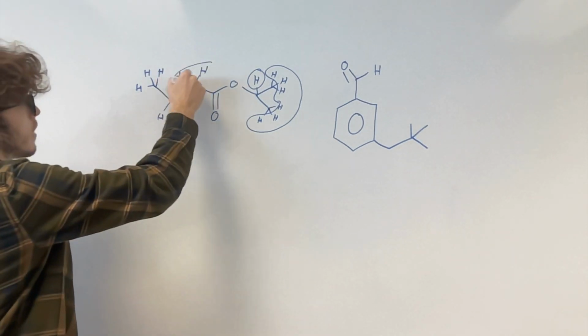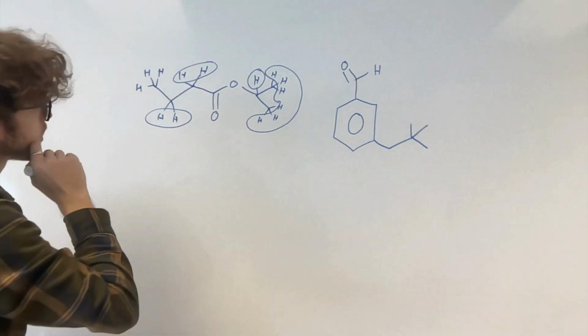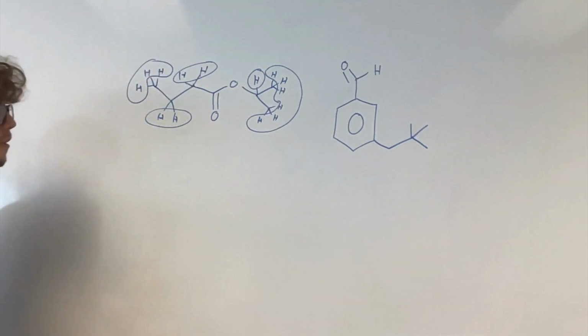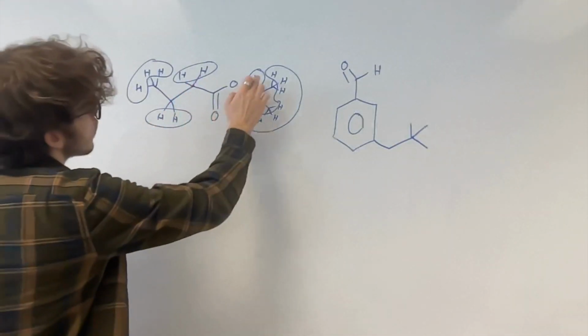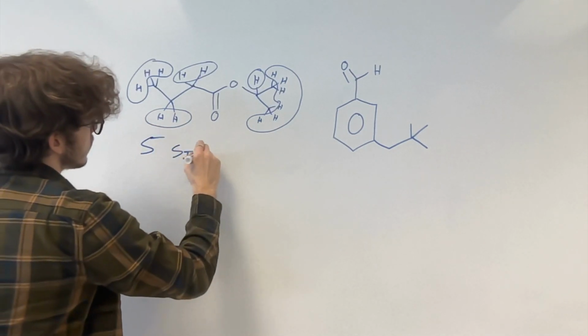We have a pair here that's equivalent, pair that's equivalent, and we have these 3 that are equivalent. So now that we identified the equivalency, we know that this is going to give us 1, 2, 3, 4, 5 signals respectively. So we'll write 5 signals.